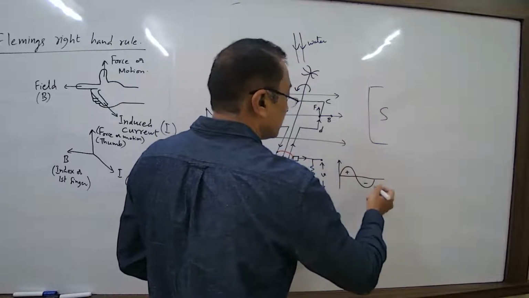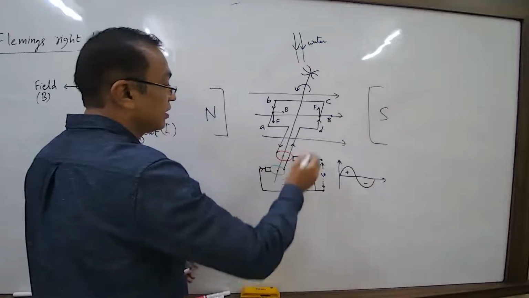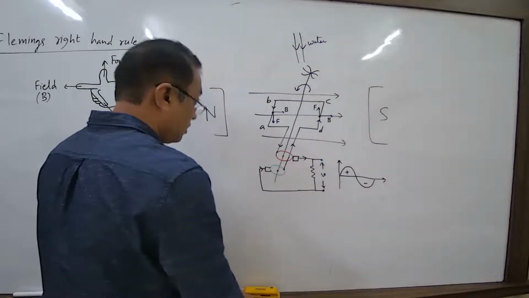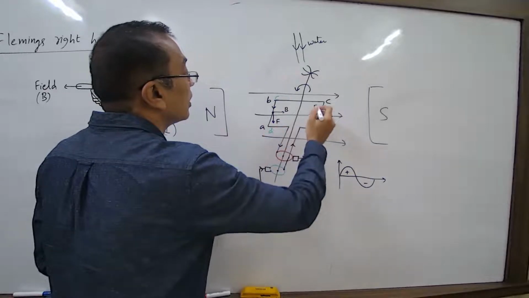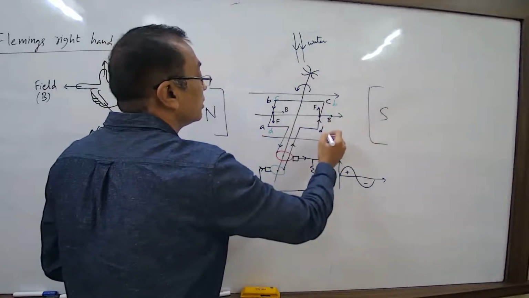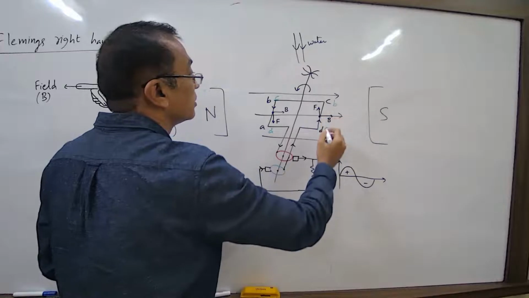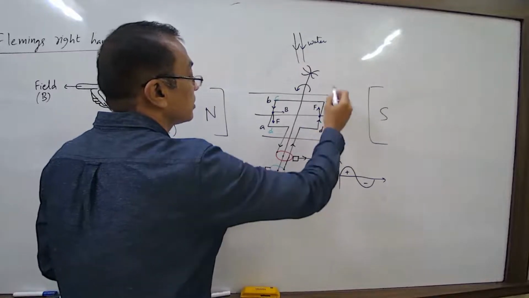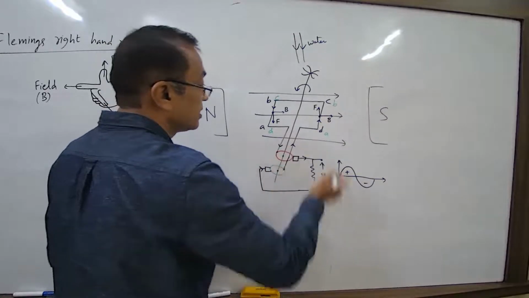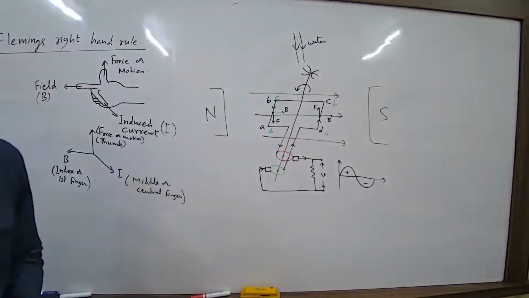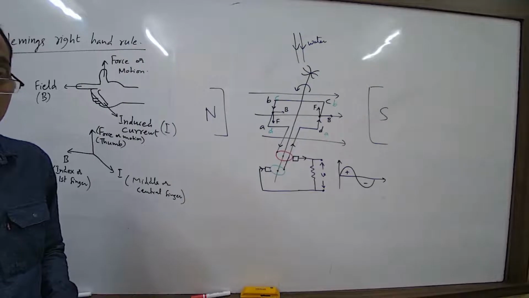Current is changing its direction. Initially the current went like this. Now when CD comes here and BA goes here, what is the direction? The direction becomes like this, opposite. Now the current will change direction. Is it clear?